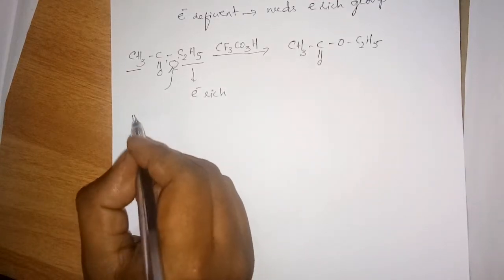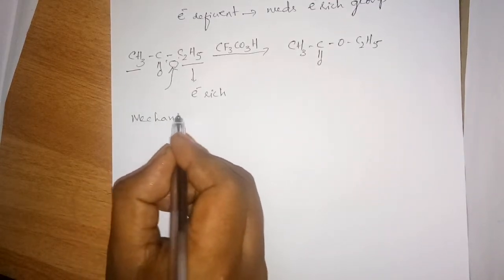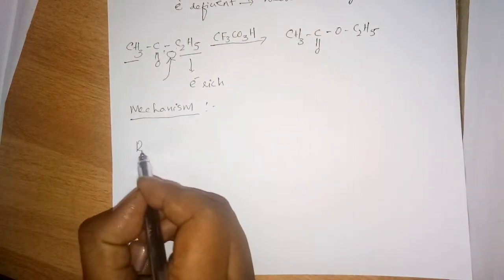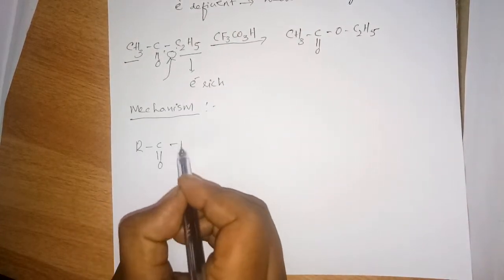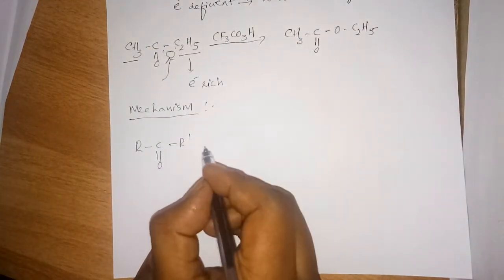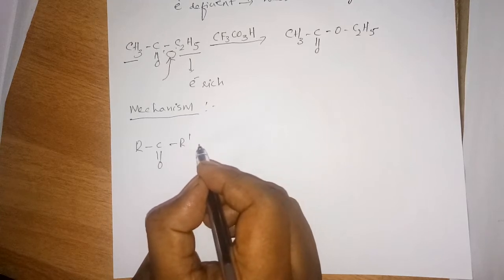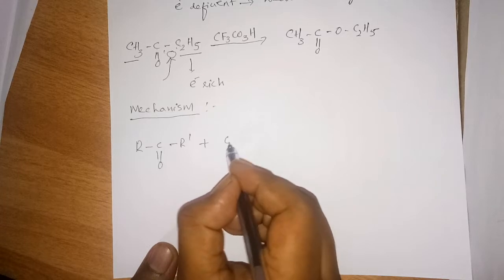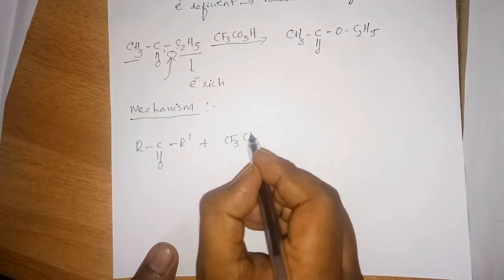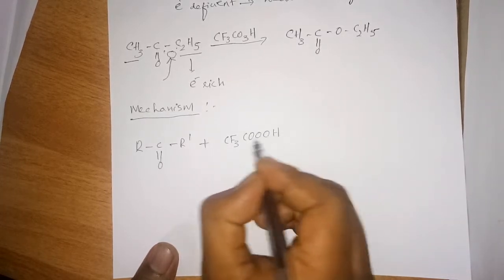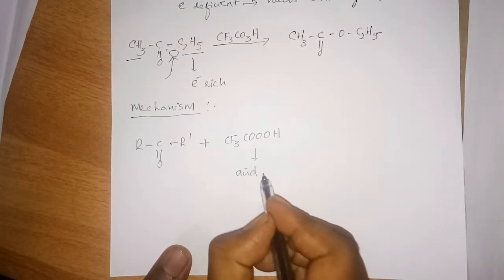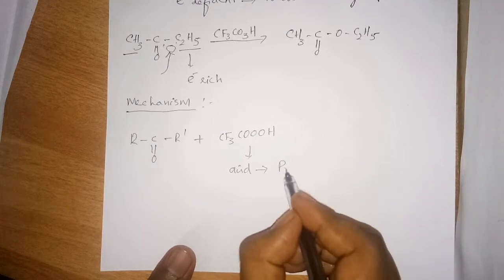Now the mechanism of this reaction. We can take a general example, R, R dash, and we are using any peracid, some trifluoro peracid. There are three oxygens connected. This is a peracid. The job of an acid is to protonate.